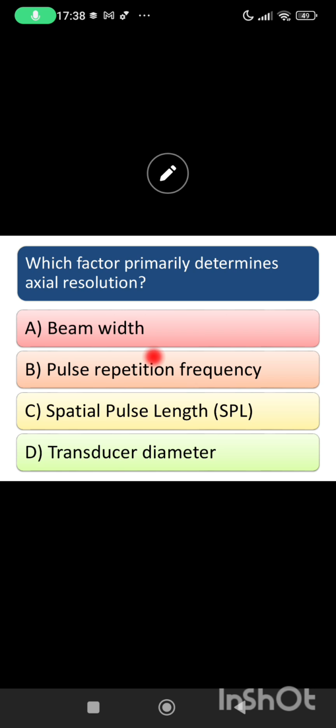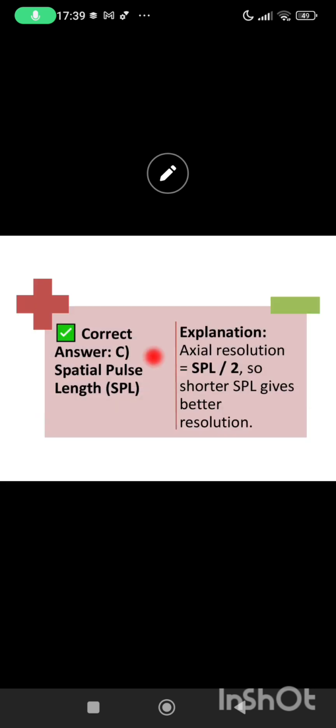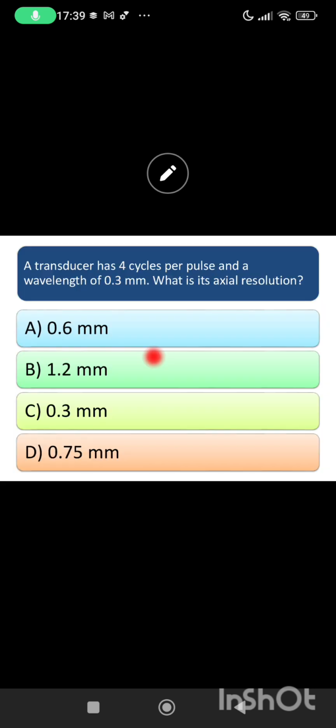SPL. Okay, good. It's SPL divided by 2. Yes. Dr. Awadia, a transducer has 4 cycles per pulse and a wavelength of 0.3 mm. What is its axial resolution? Axial resolution is 0.6 mm.